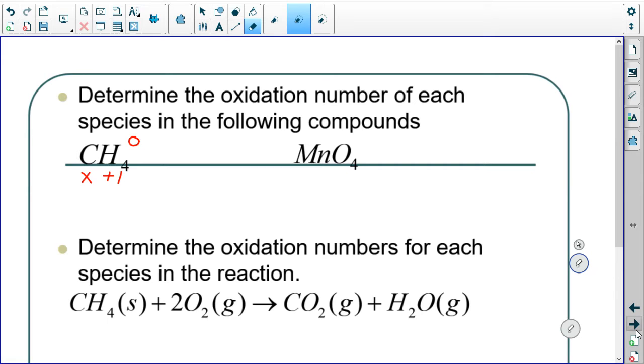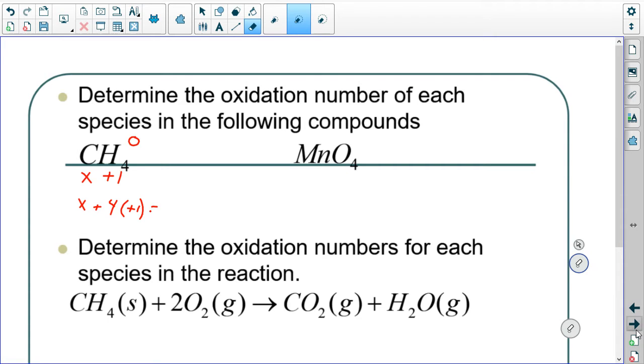And I'm going to create a mathematical equation. Yes, I'm a math geek, I know this. We have one unknown. We have 4 hydrogens, each with a +1. So that's 4. I have 4 of them, each losing an electron to something.